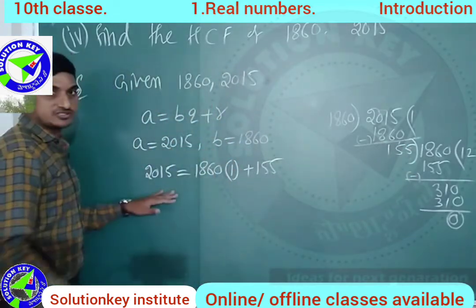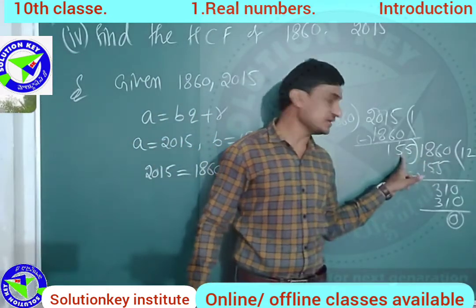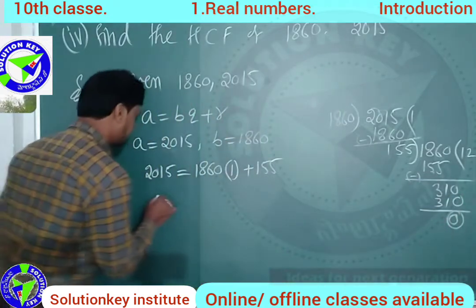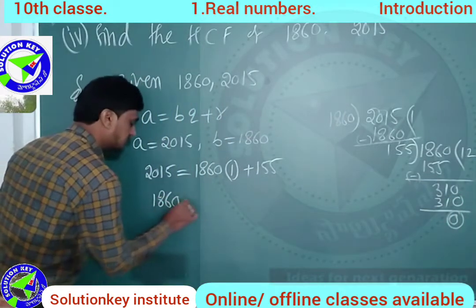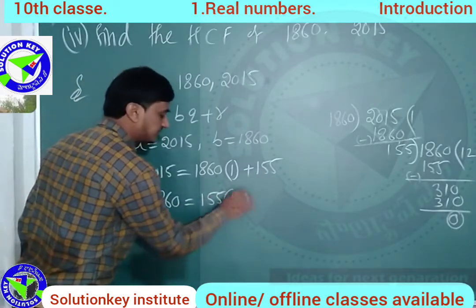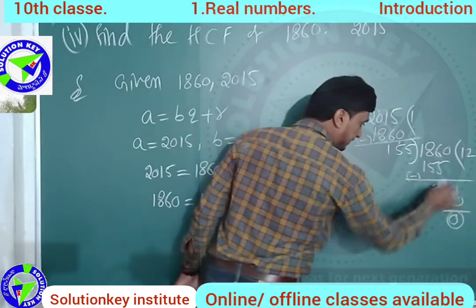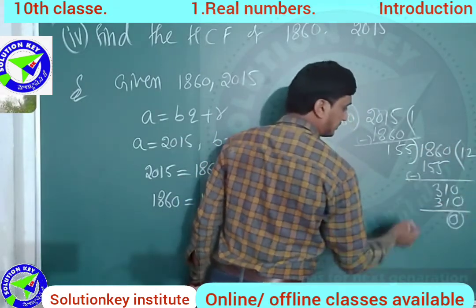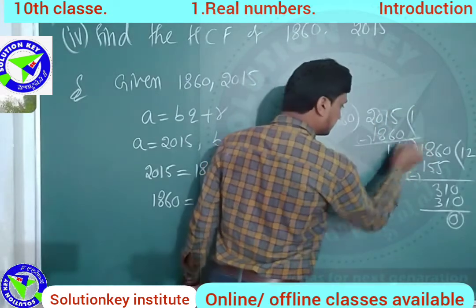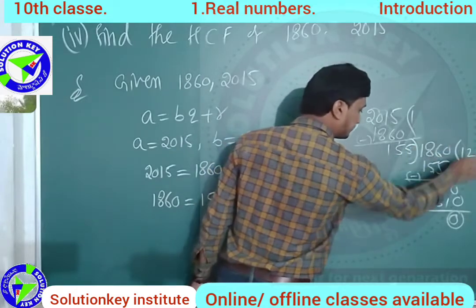What is the second step? 1860 = 155 × 12 + 0. The middle one is the first-to-last two and the remainder. So in this also, 2015 = 1860 × 1 + 155, and 1860 = 155 × 12 + 0.